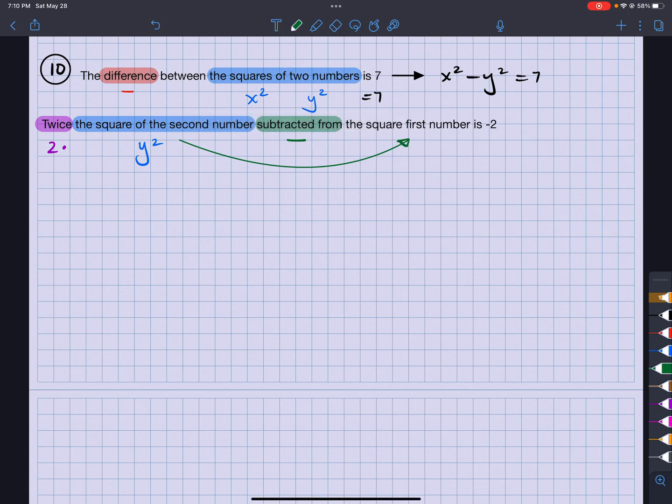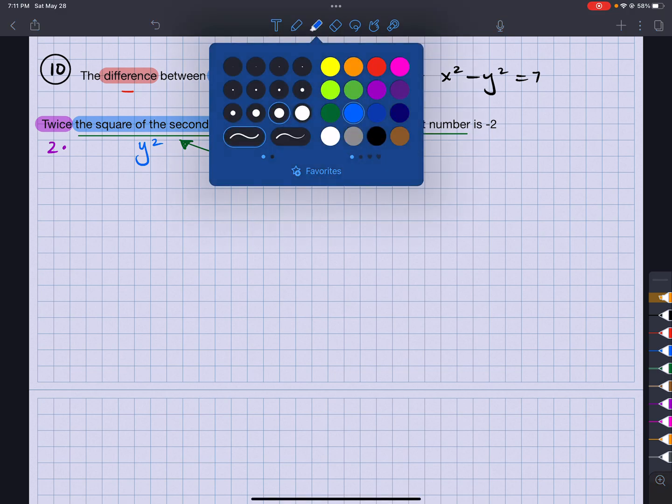So I got to take whatever I get first and whatever I get second and switch their spots. So there's one there and there's another one here, right? So let's deal with what the second part is.